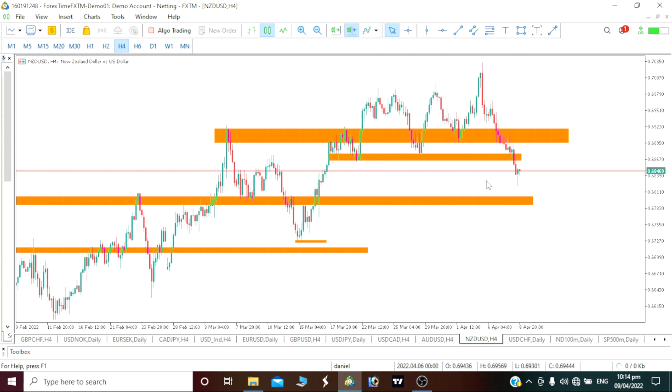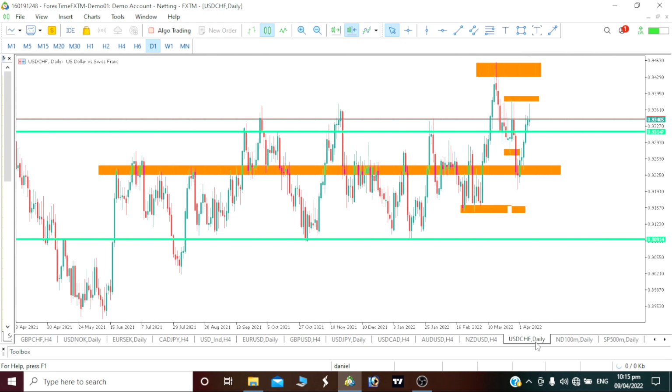We can see that our price is going down. So let's see if we can have a little bit of pullback, then we don't mind taking our short position, then get to this area here and possibly take our buy position up here, whereby our price should be reacting to this area before it continues our bullish move or bearish move. Exactly what I'm looking for on my New Zealand USD.